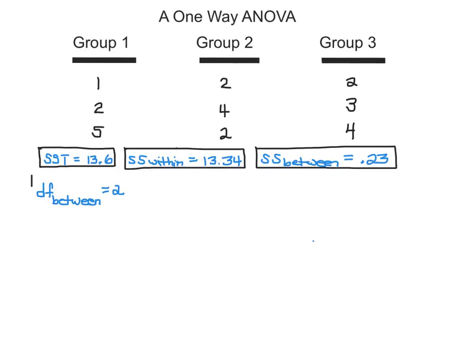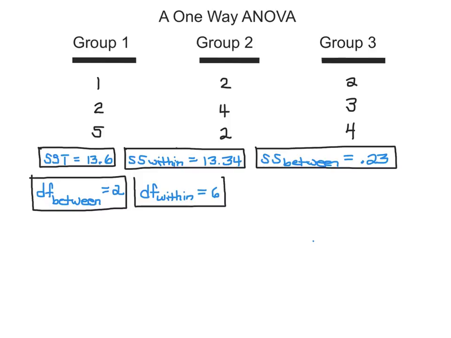And what we also have calculated is that the degree of freedom between is 2, and the degree of freedom within is 6, and the degree of freedom total is 9.